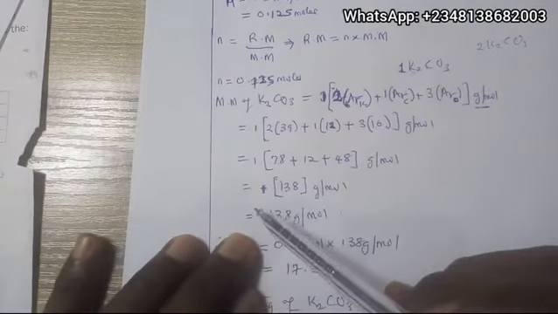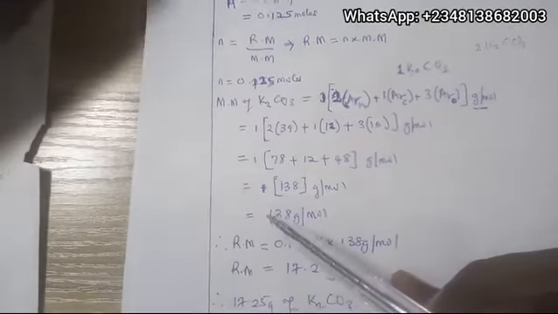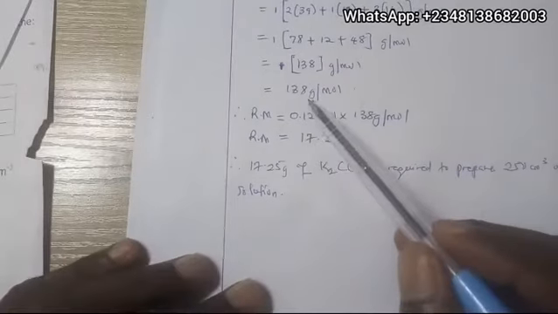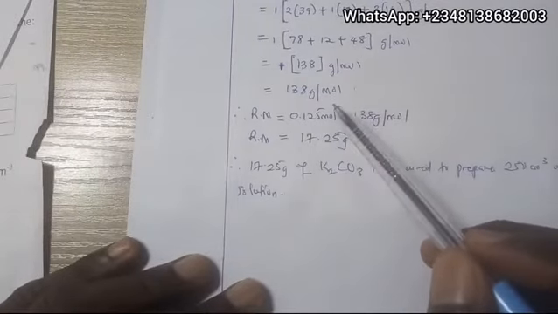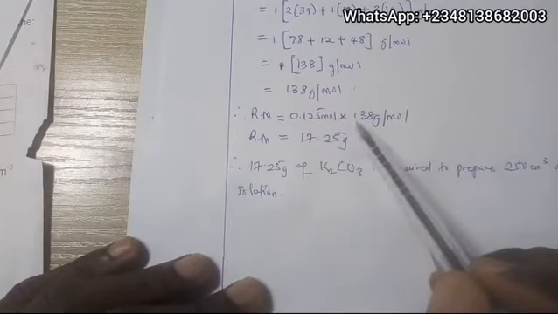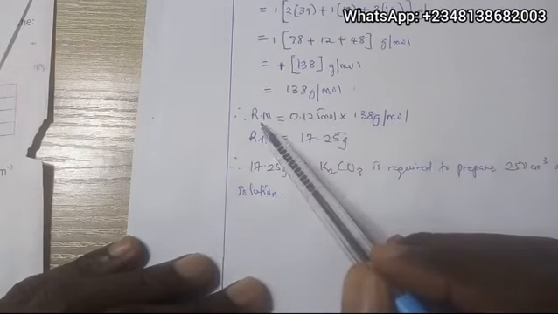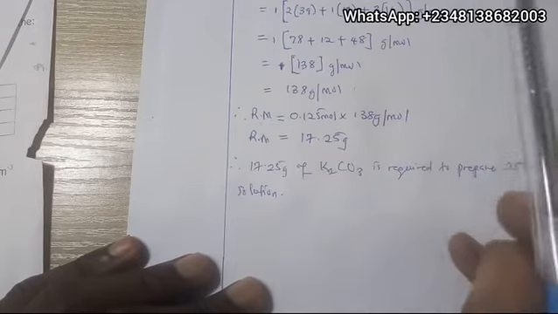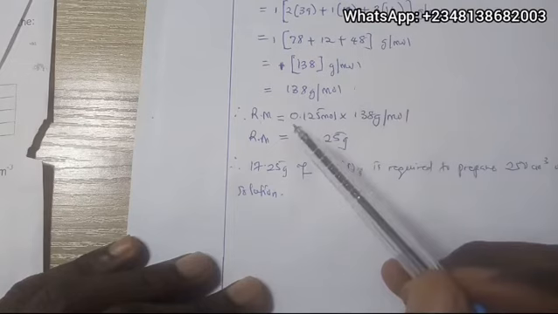So the molar mass of potassium trioxocarbonate(IV) is 138 gram per mole. So we'll now fix it here using the number of moles and calculate the reacting mass. That is the mass of potassium trioxocarbonate(IV) needed to produce this 0.5 molar solution of 250 cm³.